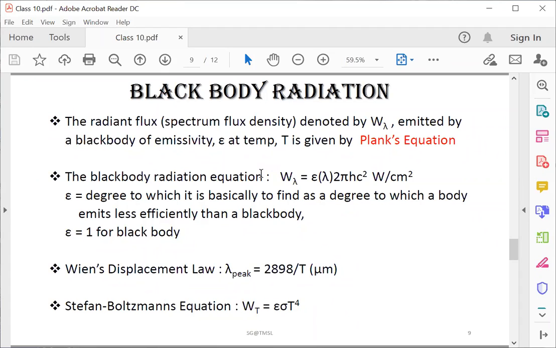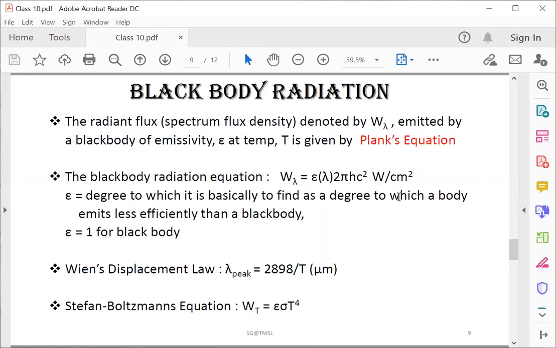Radiant flux is basically the spectral flux density denoted by W lambda, emitted by a black body with emissivity epsilon at temperature T, and it is given by W lambda equal to epsilon lambda 2 pi hc square, W per centimeter square.